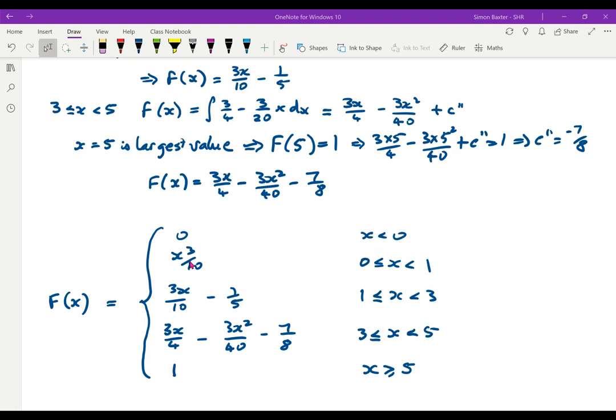Between 0 and 1, we showed that it was x cubed over 10. 1 to 3, 3x over 10 minus 1 over 5. Between 3 and 5, 3x over 4 minus 3x squared over 40 minus 7 over 8. And when we are larger than the largest value, the probability of being smaller than x must be 1.